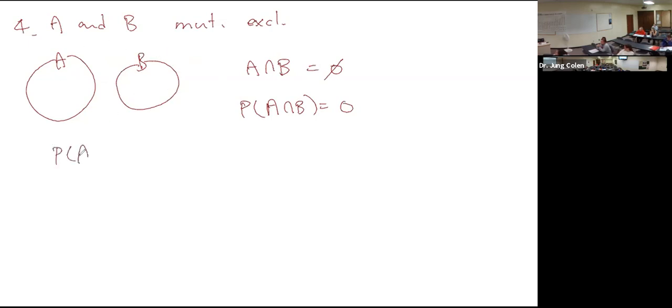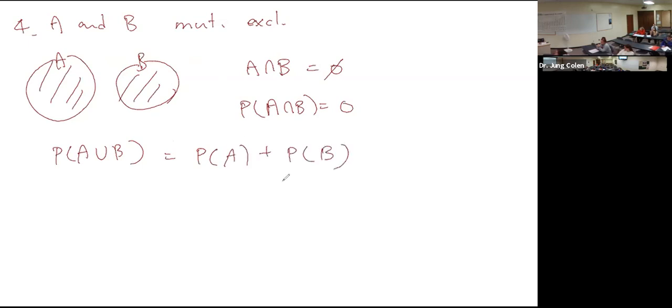So the probability of A union B is the probability of A plus the probability of B. This is a special case.